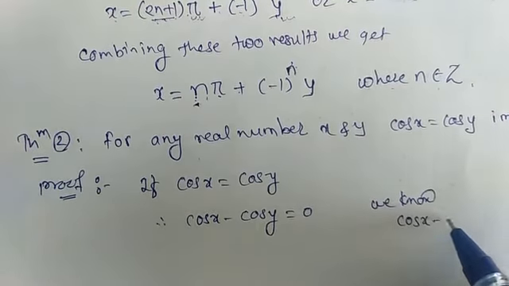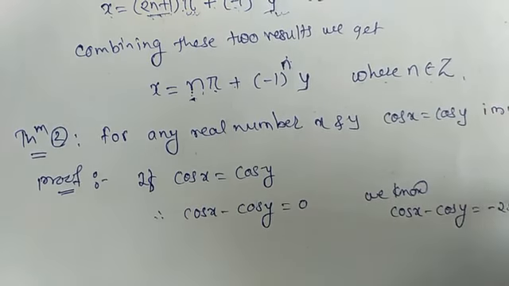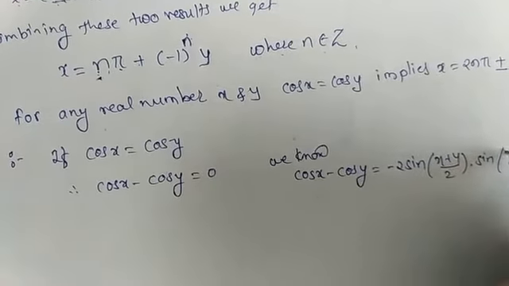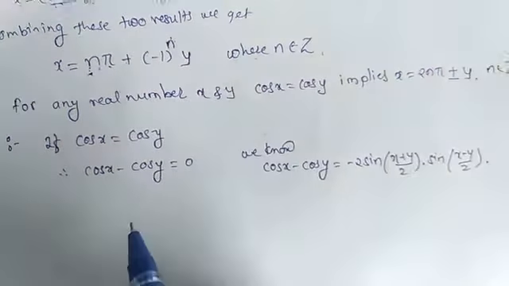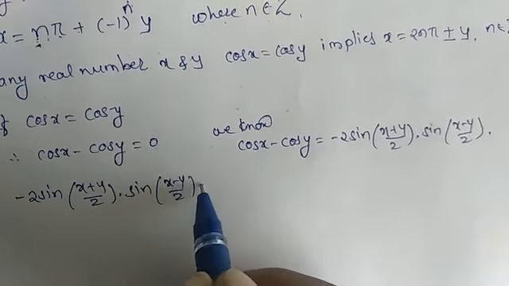cos x minus cos y is equal to, the formula is, minus twice sine of (x plus y) upon 2 into sine of (x minus y) upon 2. Okay, so here it can be written as minus twice sine of (x plus y) upon 2 into sine of (x minus y) upon 2 equal to 0.